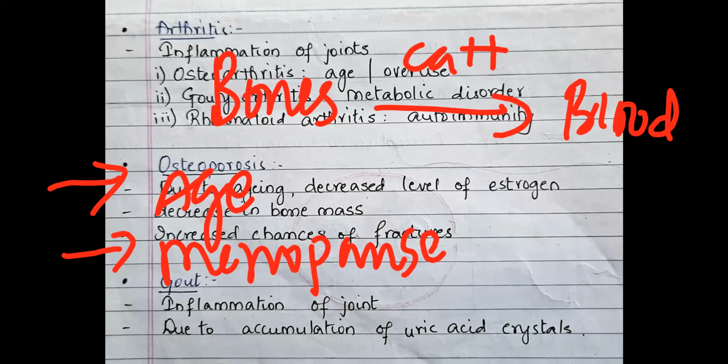Because of the decline in the estrogen also, a lot of calcium will be coming out from the bones into the blood. तो मेनोपोज के बाद फीमेल्स में particularly 45 के बाद बोन्स के प्रॉब्लम स्टार्ट हो जाते हैं.